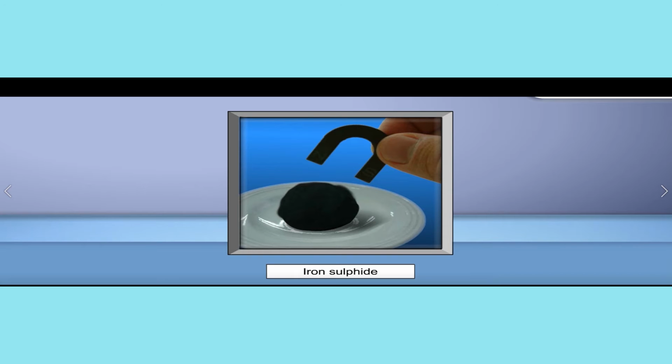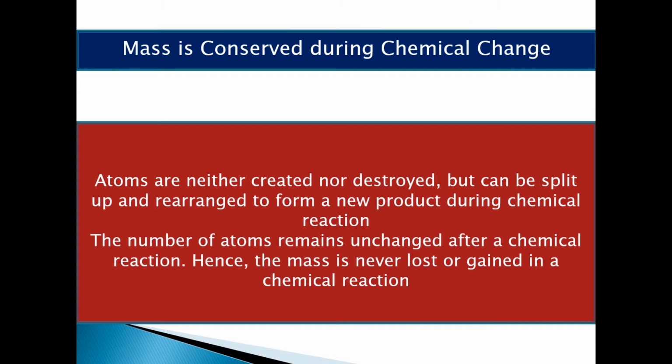Therefore, when elements are combined to form a compound, the compound formed will have different physical properties than the original elements. Atoms are neither created nor destroyed, but can be split up and rearranged to form a new product during a chemical reaction.